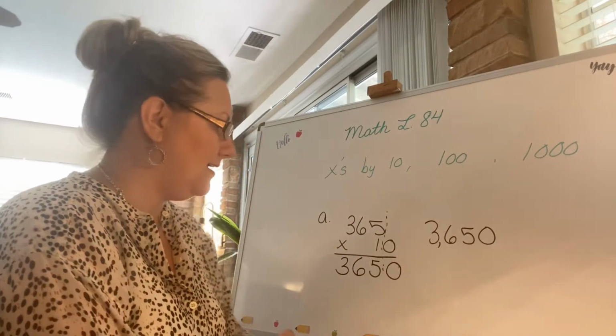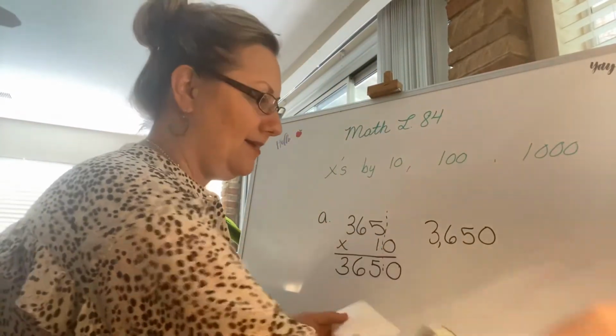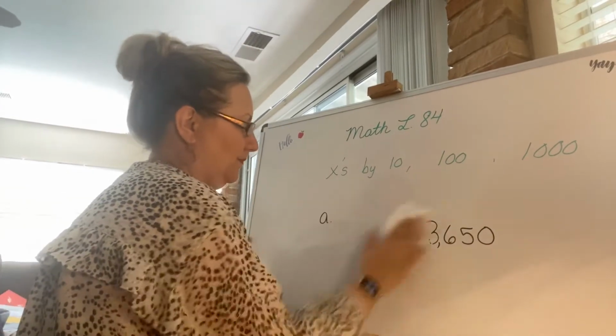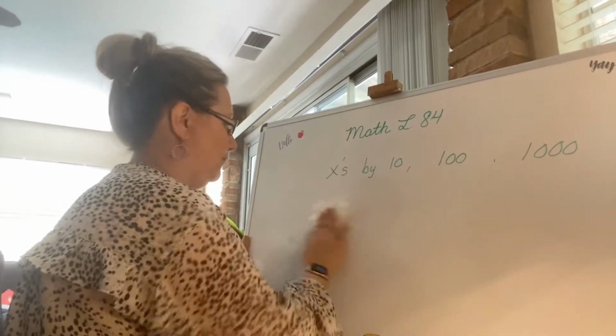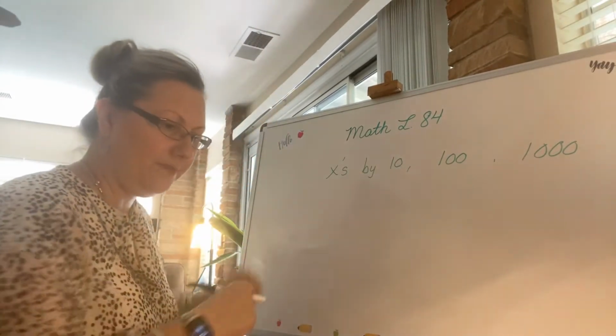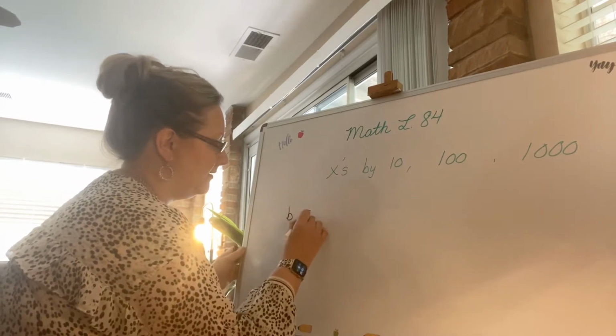Okay. And what about for letter B? Can you do letter B, please? And go ahead and write down your answer. And again, I'll catch up to you in just a moment. Okay. All right, so letter B. 52 times 100.